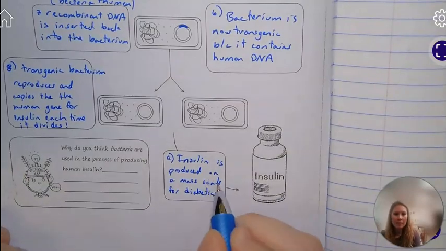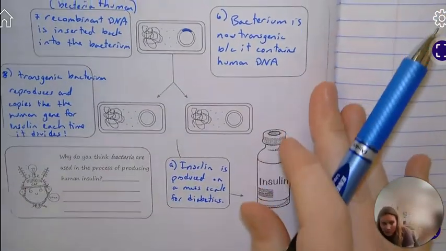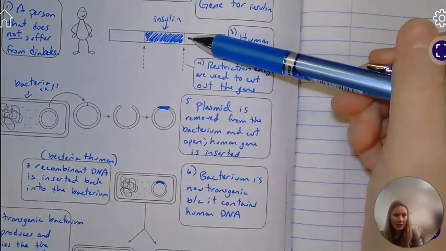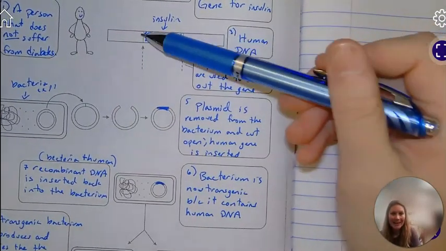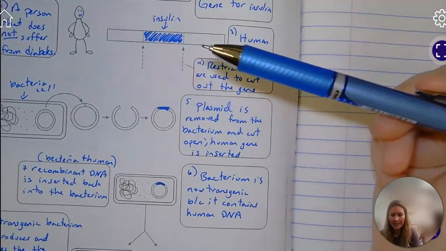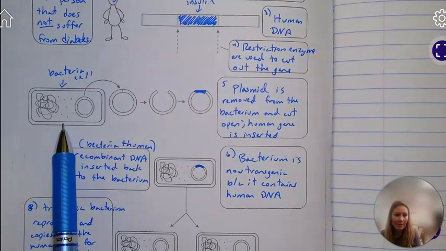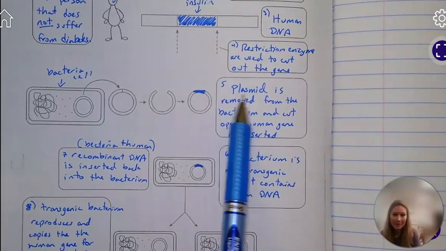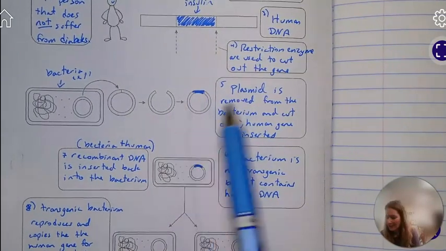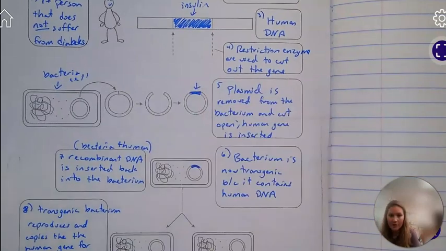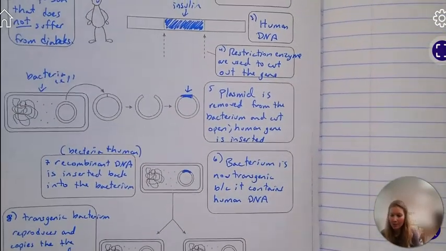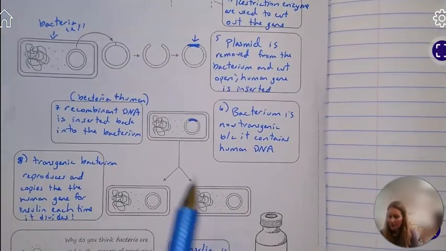So at the beginning, we identified the gene for human insulin. We cut it out using a restriction enzyme. We found a bacterium. We cut open its DNA, which we call a plasmid. We inserted the human gene for insulin into the bacteria DNA or the bacteria plasmid.